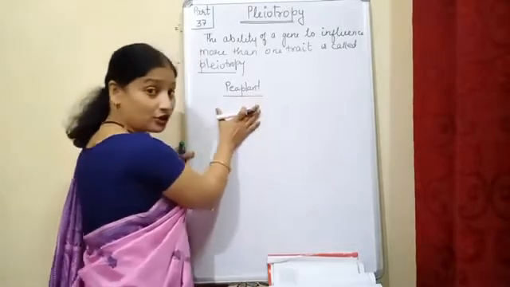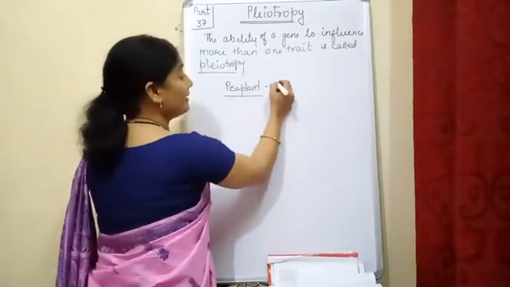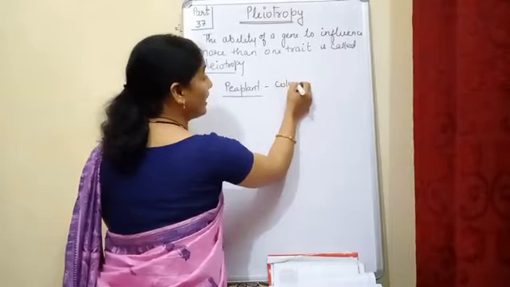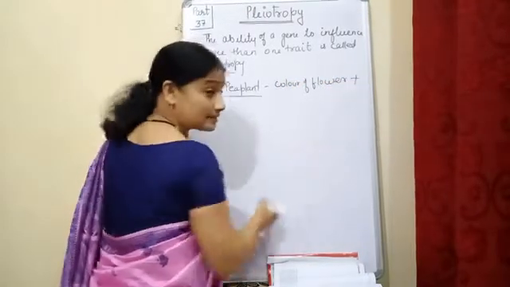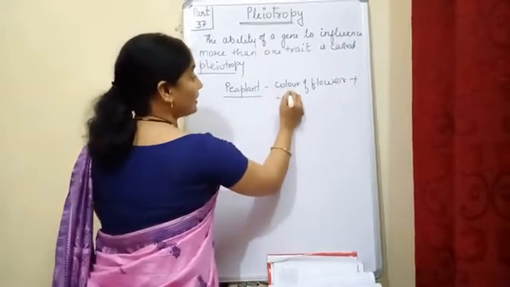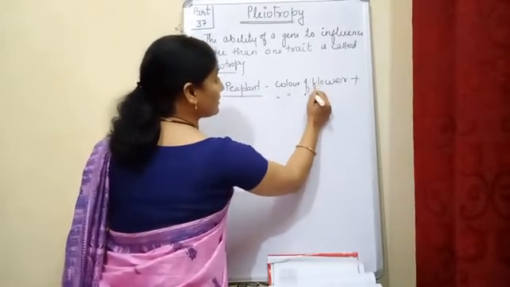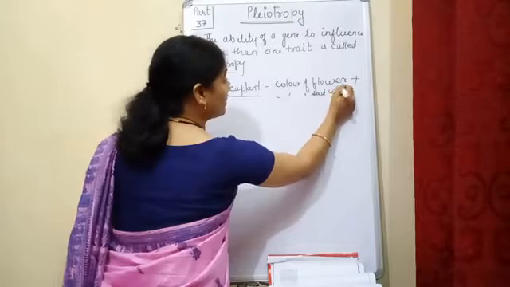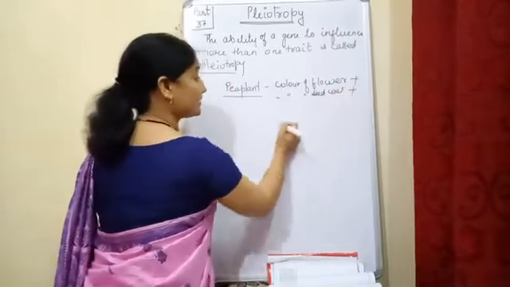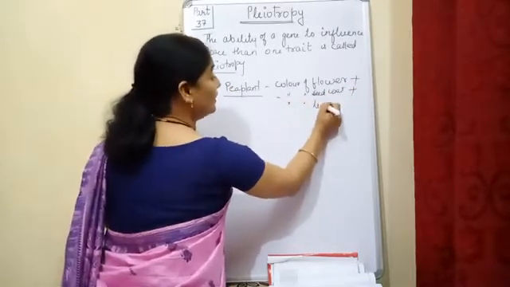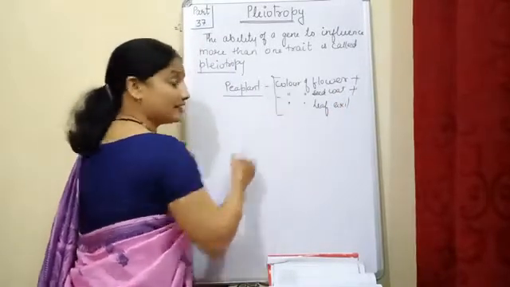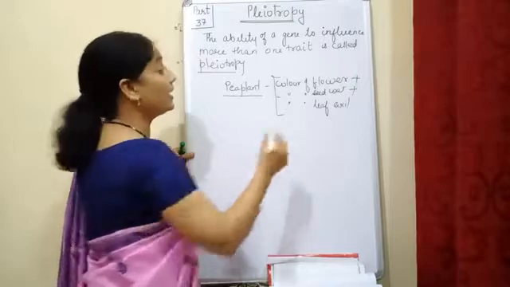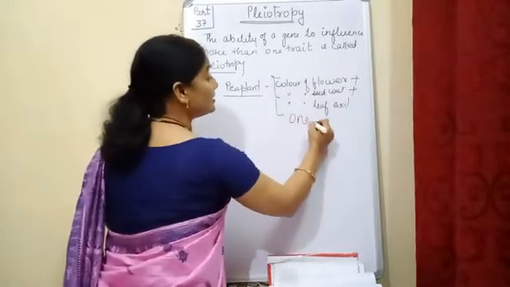In a pea plant: color of the flower, plus color of the seed coat, plus color of the leaf axil. These three traits are controlled by one gene.